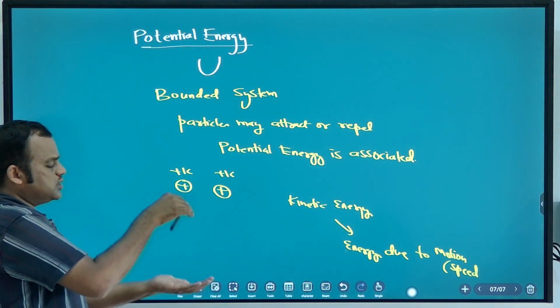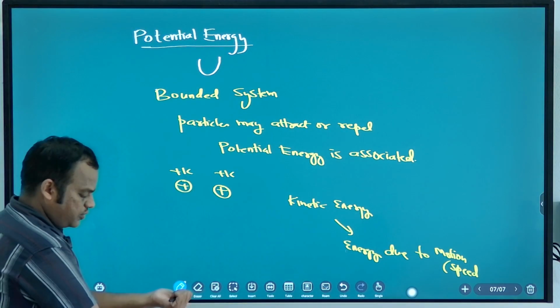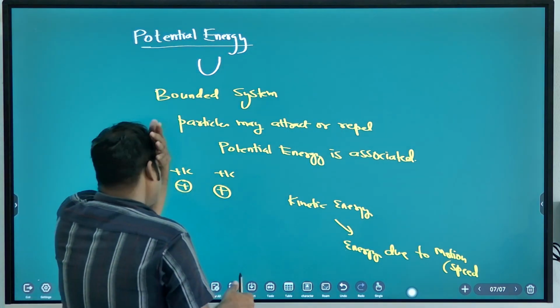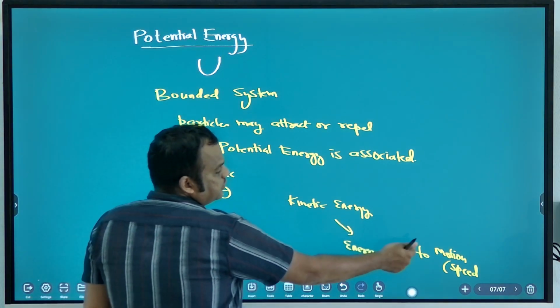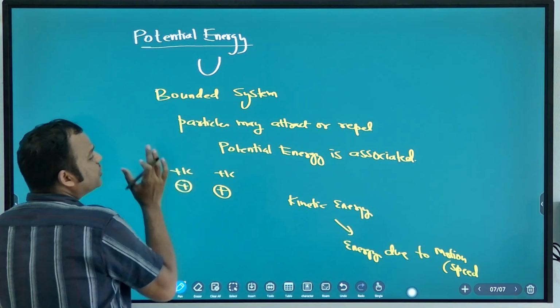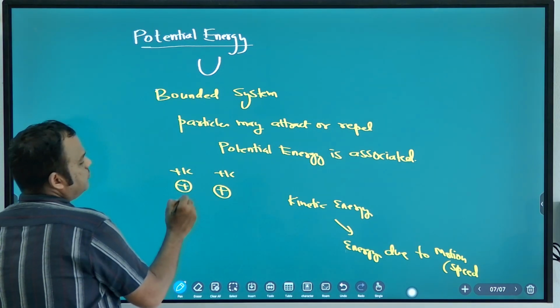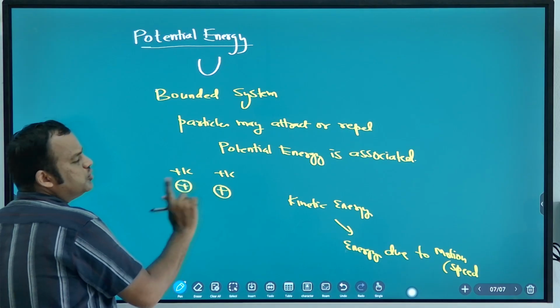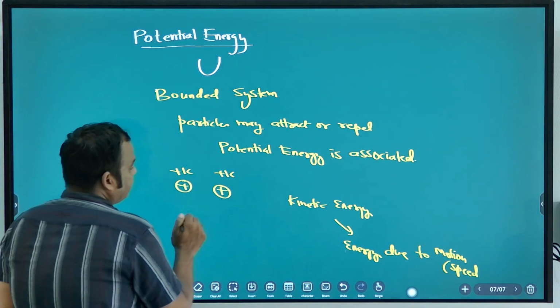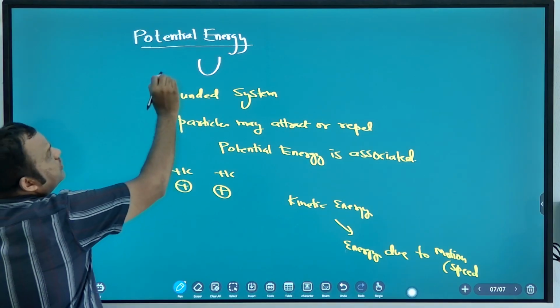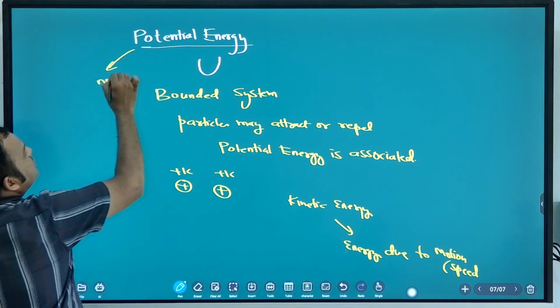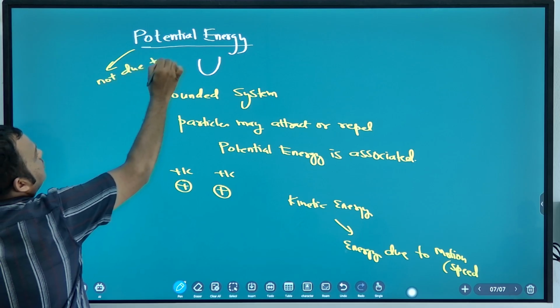If a ball is released from some height and is falling, it has kinetic energy. So kinetic energy means energy due to motion. But what is potential energy? Potential energy is not due to motion.